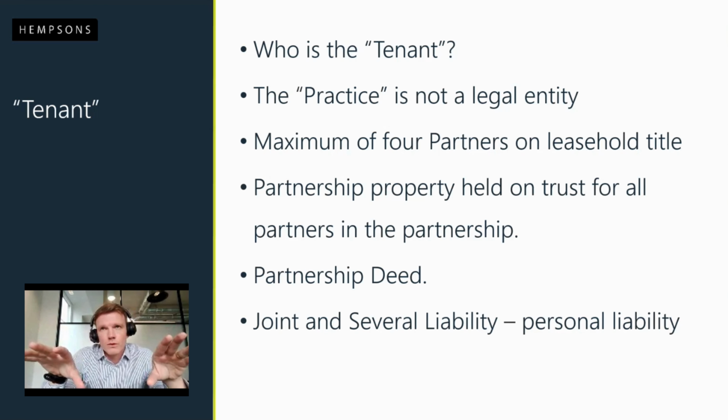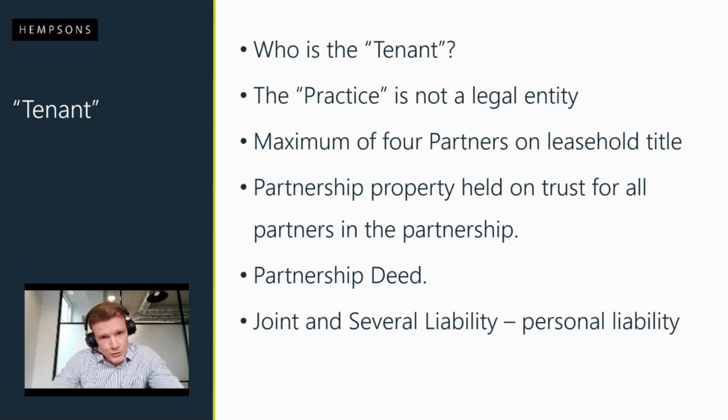So the sort of fundamental point there is that the sharing of that lease liability is contained in a separate document, i.e. your partnership deed.